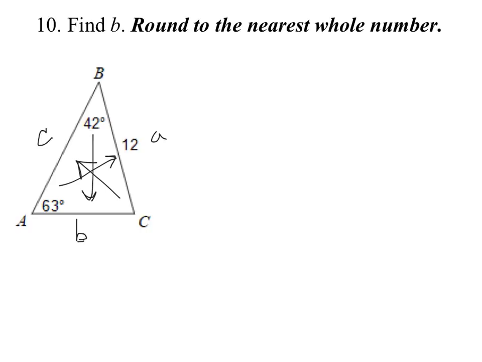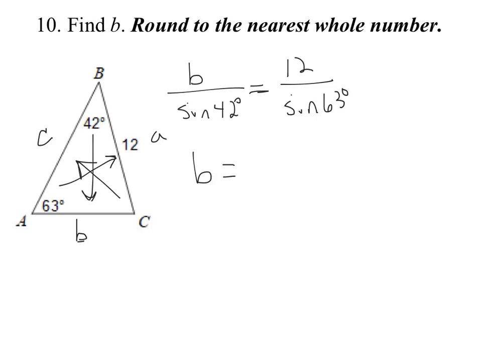And I'm going to say that side B over the sine of B, which is the sine of 42 degrees, is going to be equal to 12 over the sine of A, which is the sine of 63 degrees. And I'm just going to cross multiply that and pop that in my calculator. And that's all I have to do for this problem.